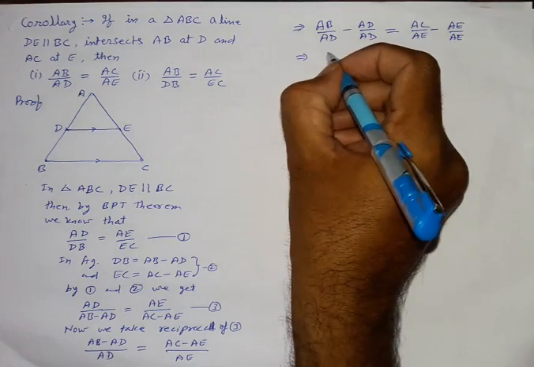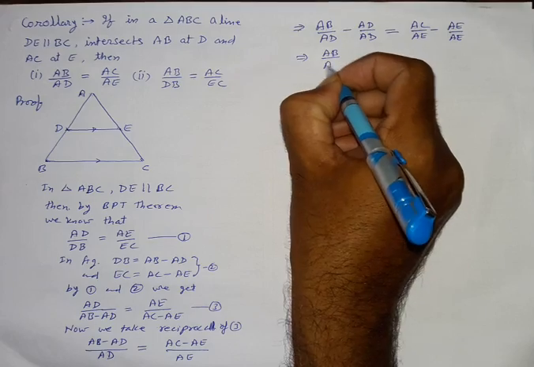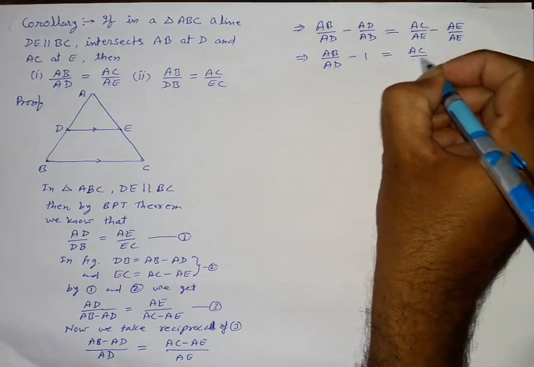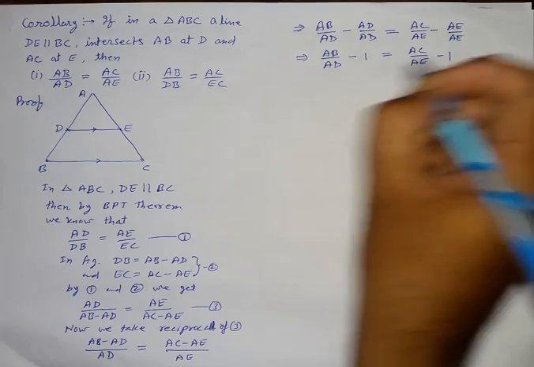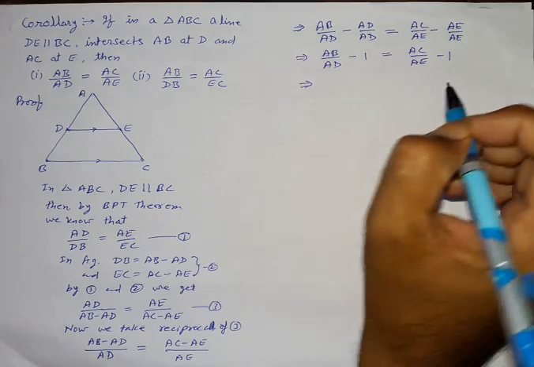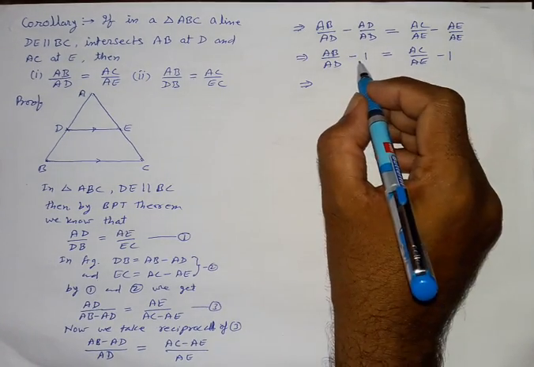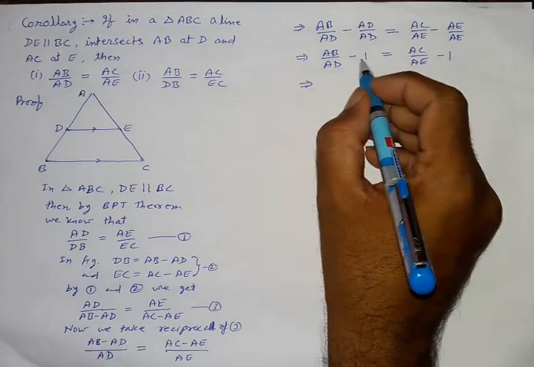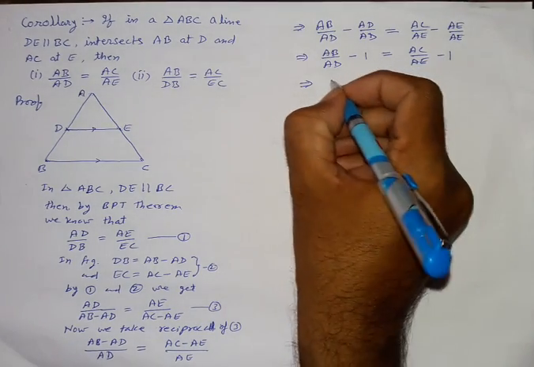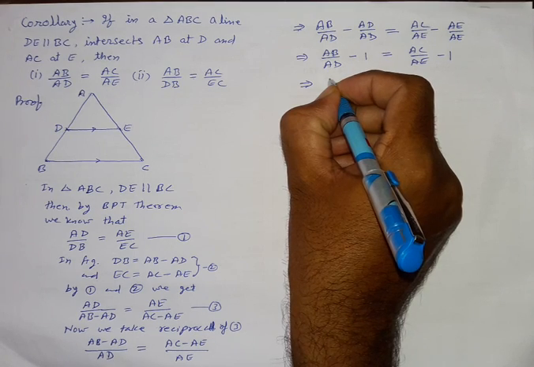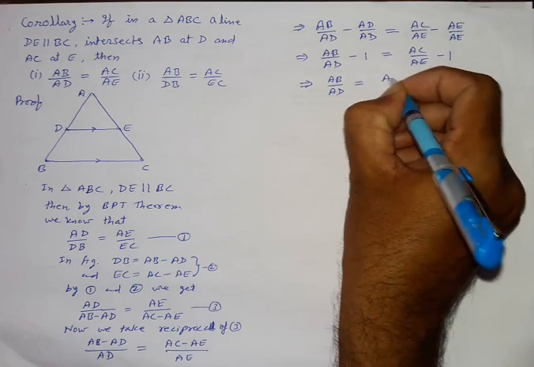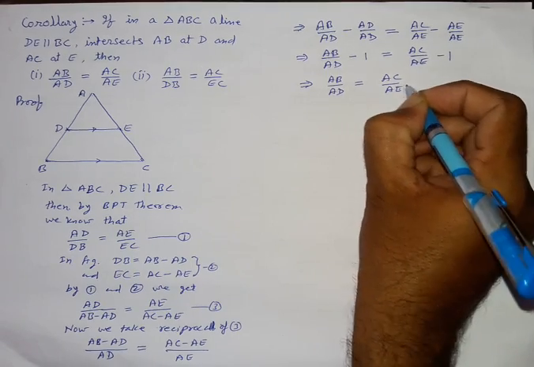It implies that AB upon AD minus 1 is equal to AC upon AE minus 1. If we transpose minus 1 to the right hand side, it will become plus, and then both the ones are cancelled. So we get AB upon AD is equal to AC upon AE.